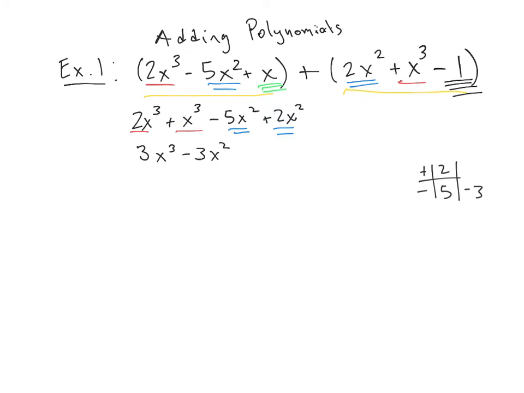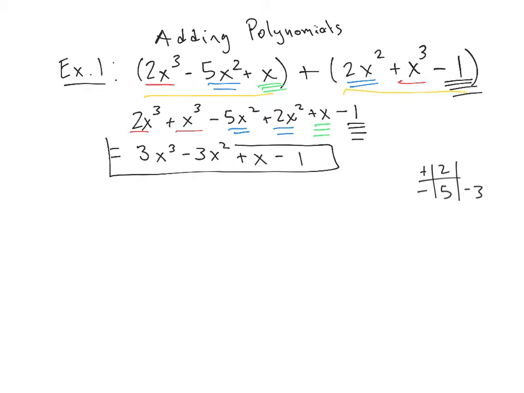And then the nice thing is those last two parts are going to stay because they have nothing to combine with. So I have a plus x and a minus 1 with nothing to combine. So they're going to stay just as is in the answer. So for adding or subtracting polynomials questions, what it's similar to in your past is combining like terms.